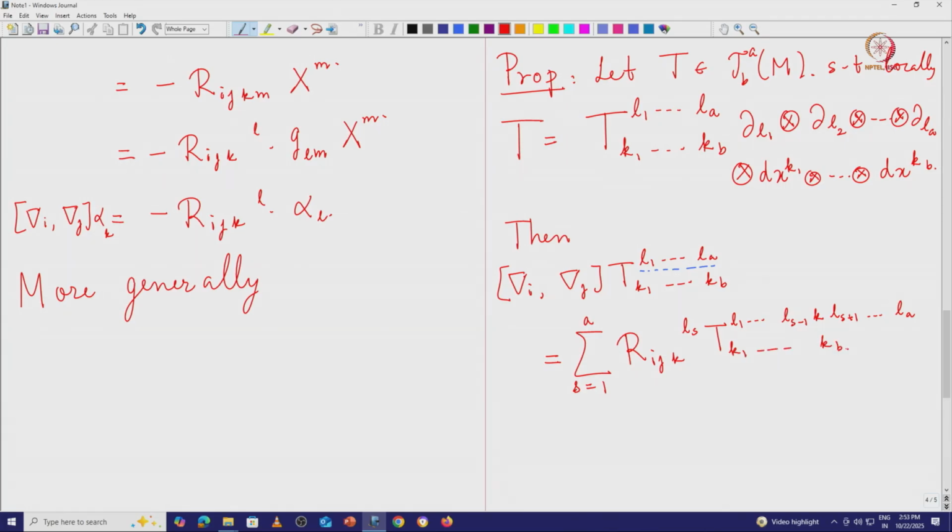You sum over the repeated index, so here k is the repeated index.